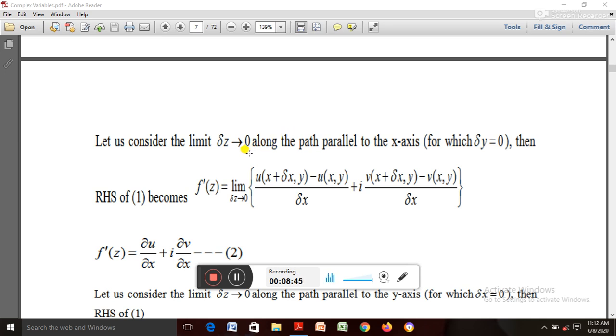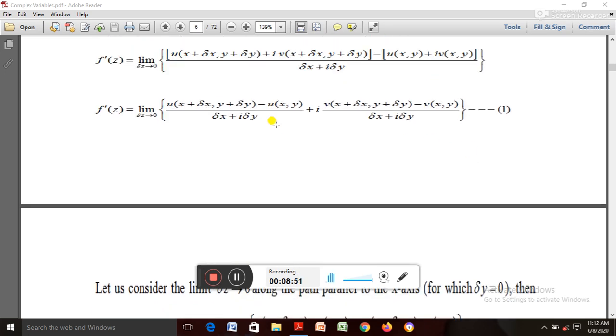If delta z is along the x axis, then delta y is 0. So put delta y equal to 0 in equation number 1. It will be u of x plus delta x comma y minus u of x y divided by delta x, plus i into v of x plus delta x comma y minus v of x y divided by delta x.